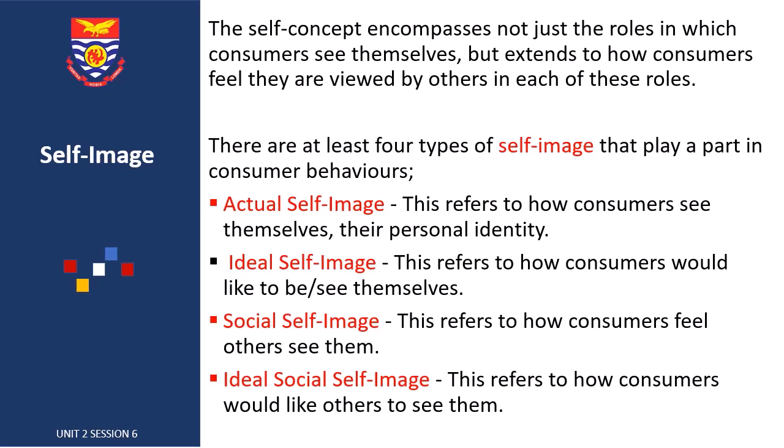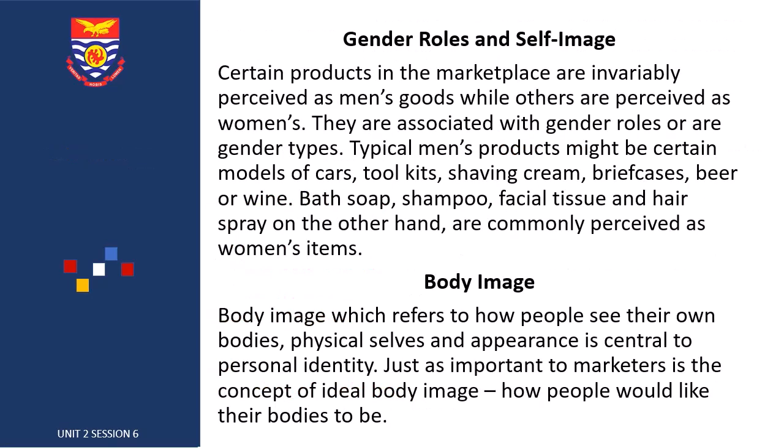If, for example, the suppliers see them to be troublesome, they don't feel okay because that is not what they think they are. Rather, the consumers would like others to see them in a different way. That is what you refer to as the ideal social self image.